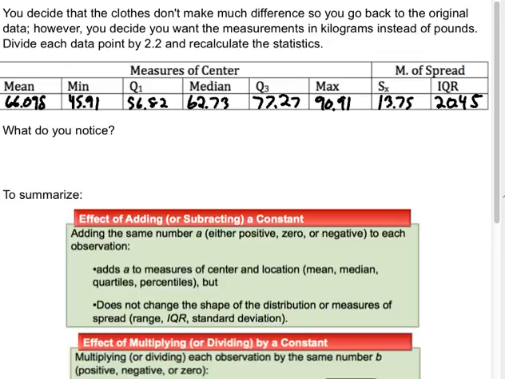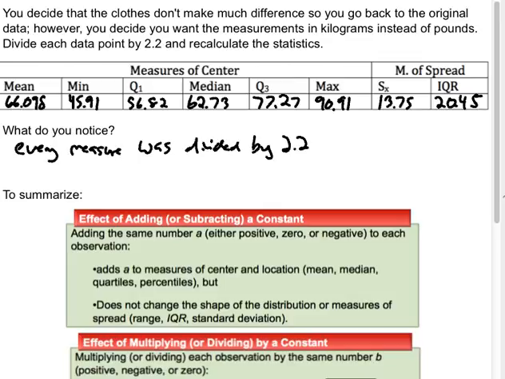All right, so now when we're looking at when you multiply or divide, every measure was divided by that 2.2, okay? It scrunched all my numbers together, and in doing so, it divided the positions by the 2.2 as well.